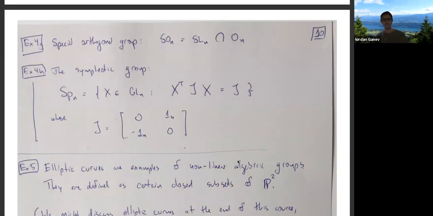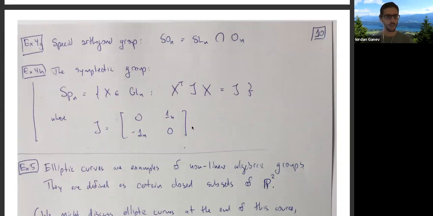And there's a symplectic group, which is defined using this matrix J, and the condition is x transpose Jx is equal to J. Maybe you've seen this in other classes.